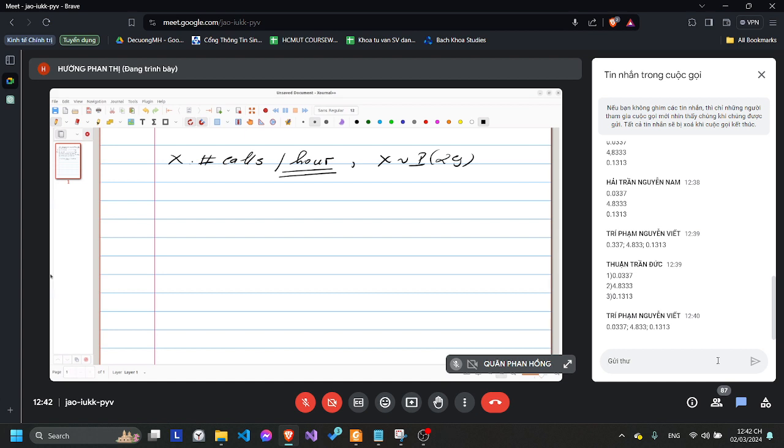We are also given that the number of emails follows a Poisson distribution. We have Y as the number of mails per hour. Y also follows a Poisson distribution with lambda equals 49.